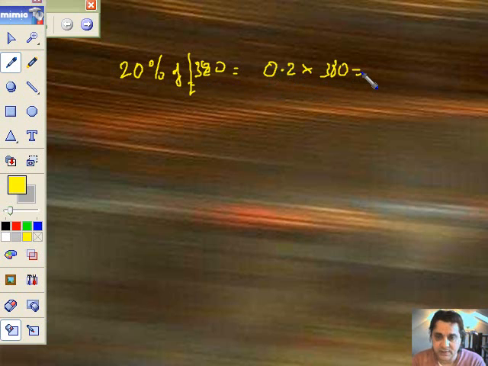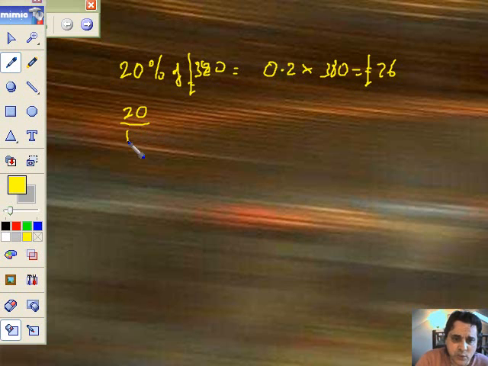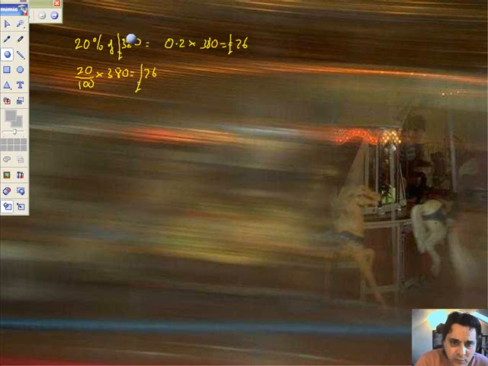Do get used to using multipliers because they're really lovely, especially with a calculator. £76. You can of course do it this way, 20 divided by 100 times 380, and you still get £76.